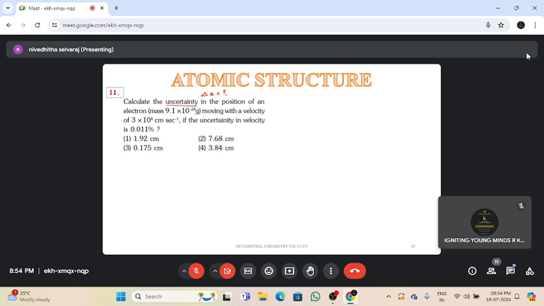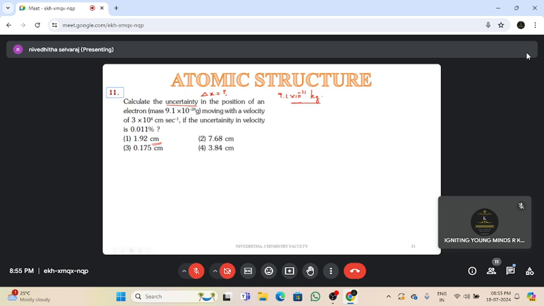The mass of an electron is 9.1 into 10 power minus 31 kilogram, and it is moving with a velocity of 3 into 10 power 4 centimeter per second. You just convert this into meter, and finally convert into centimeter. That is how you can minimize the error. And the uncertainty in velocity is 0.011%.